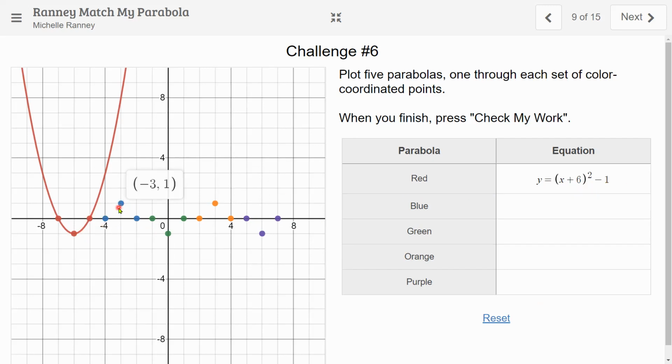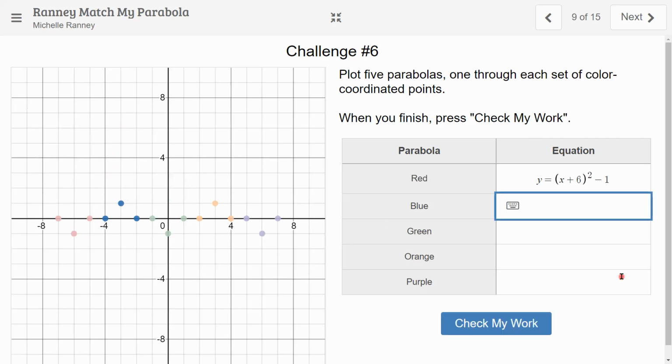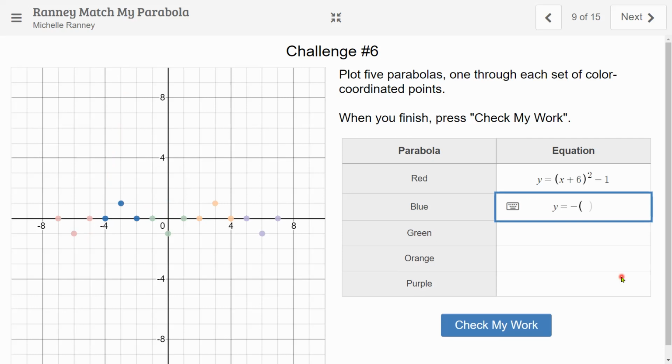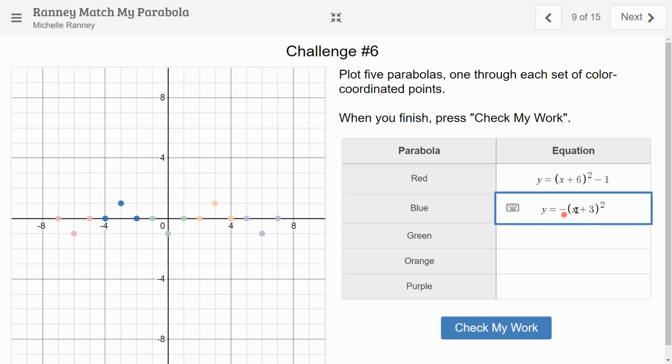So this one here, what I'm going to do is this one needs to be moved to -3 and a positive one, but it needs to open down. So this is going to be y equals negative to make it open down. That is not going to affect the left-right movement. If I want to have it at -3, I still need this to be an x plus 3, because -3 will make this parenthesis 0.